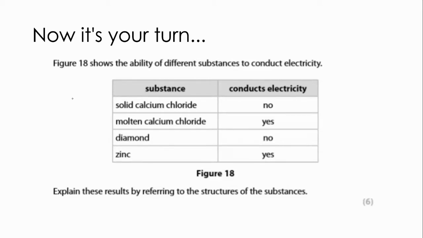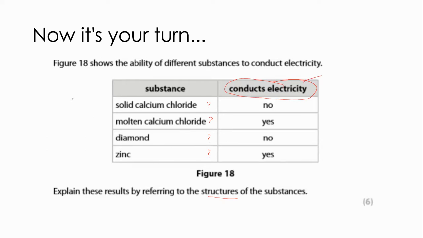This question is similar in that it's got 4 different substances, but instead of melting point, it's asking you to think about whether they conduct electricity or not. Again, you need to look at the structures of the substances, identify the structure of each of these and link that to whether it conducts electricity or not.